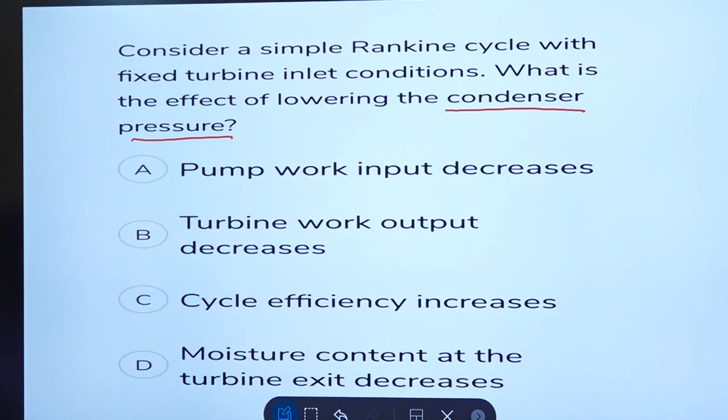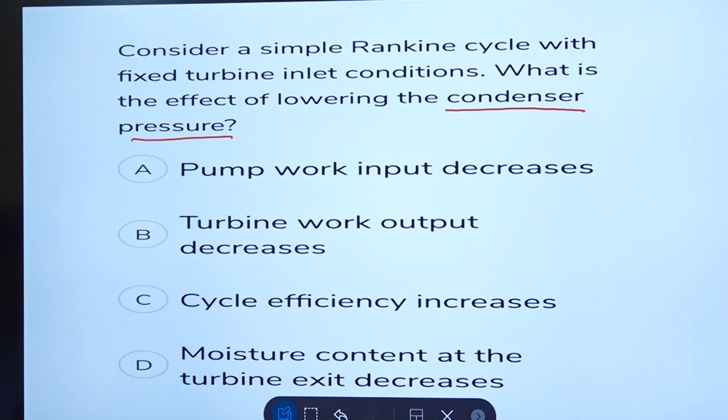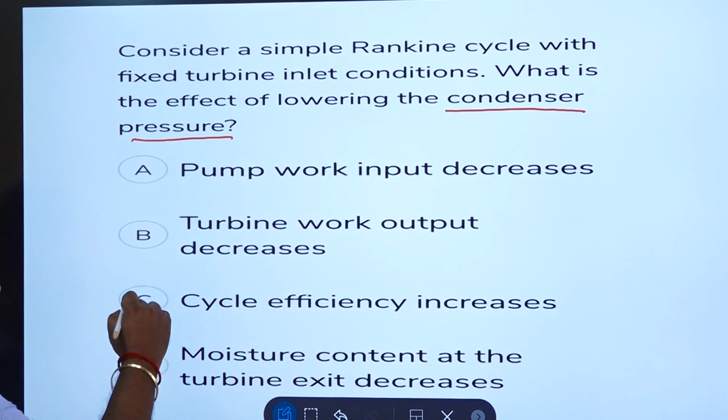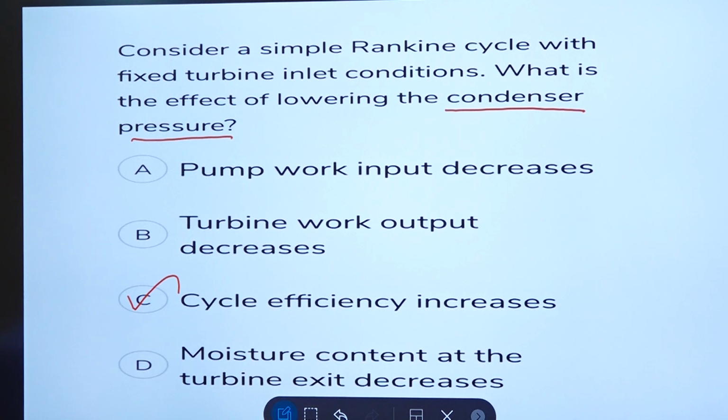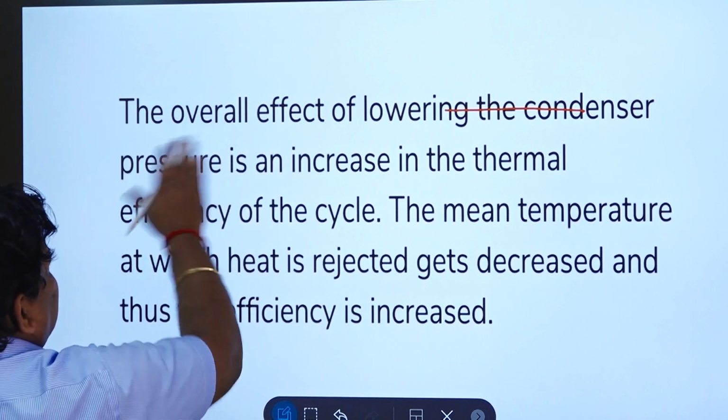When you decrease the condenser pressure, the heat addition increases and heat rejection also increases, the gap between those two increases, and at last it increases the cycle efficiency. So the cycle efficiency increase is the correct answer for this one.